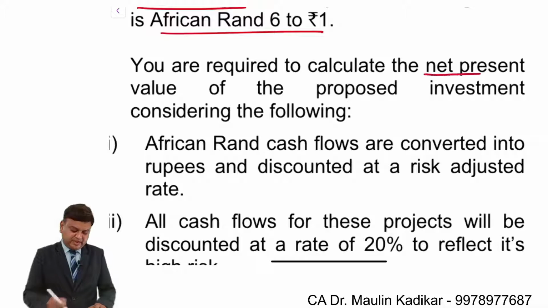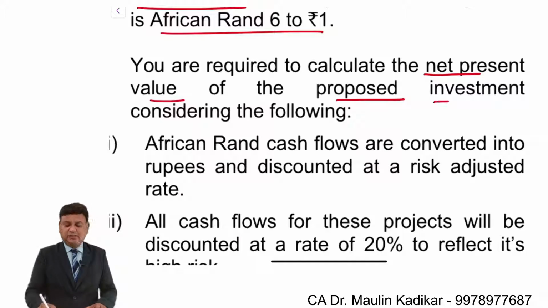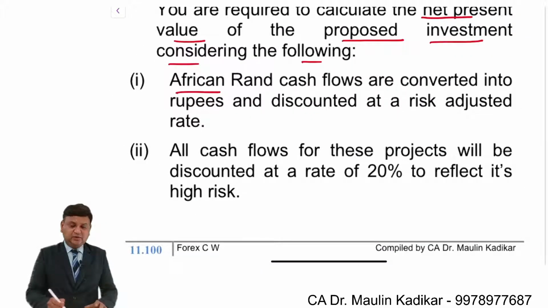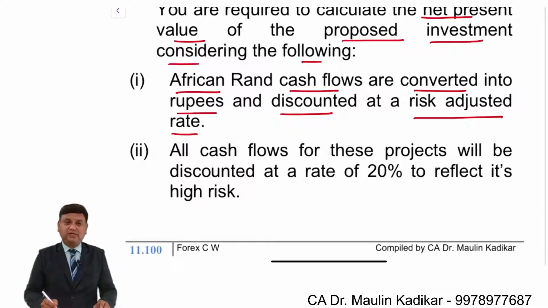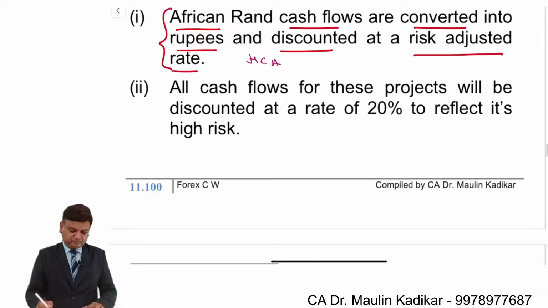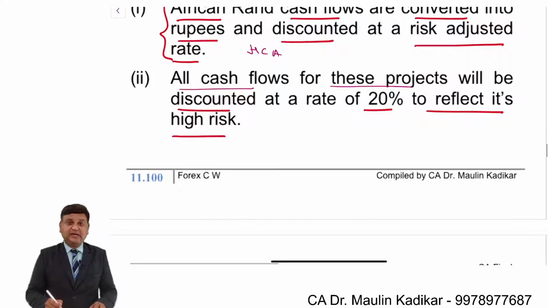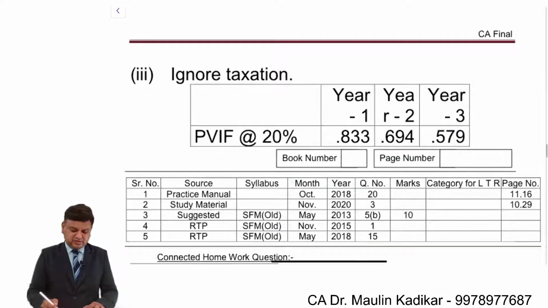You are required to calculate the NPV of the proposed investment, considering the following. First, South African currency cash flows are converted into rupees and discounted at a risk adjusted discounting rate. Means clearly it has been provided over here that you have to adopt home currency approach for calculation of the answer. All cash flows for these projects will be discounted at the rate of 20% to reflect its high risk. So the discounting rate is 20%.